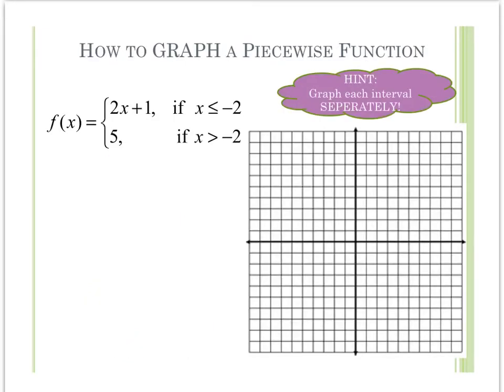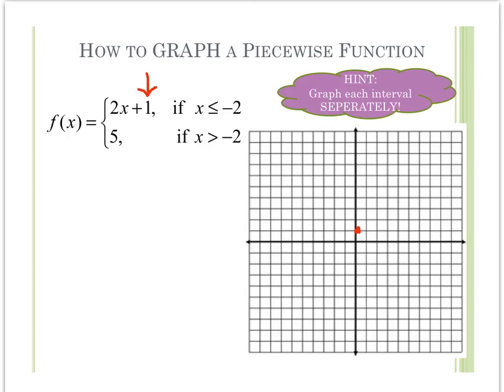Alright, so now we're going to try to graph. The trick to this is you actually need to graph the entire line, but then we're only going to leave the section of the graph that we need. So I need to graph this line, and then I'm going to erase anything that's bigger than negative 2. Starting here, I'm going to plot my y-intercept, which is 1.